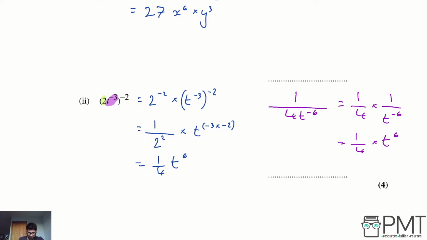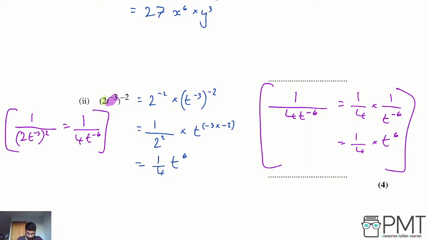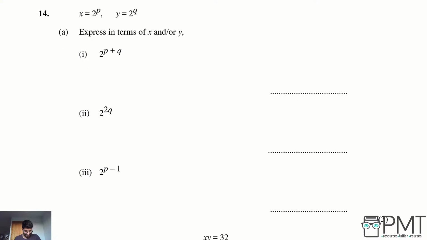So the alternative route would have been saying this is 1 over 2t to the minus 3 squared, and then 1 over 4t to the minus 6. So these are both acceptable. They're the same things.